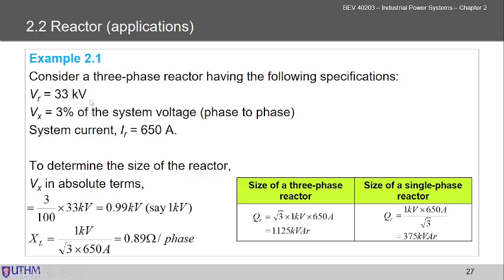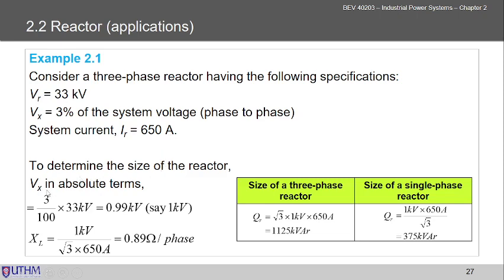VR is the rating for the reactor, 33 kV, and the voltage drop phase to phase is 3% of the system voltage. So this is the Vx. The system current for this reactor is 650 ampere.